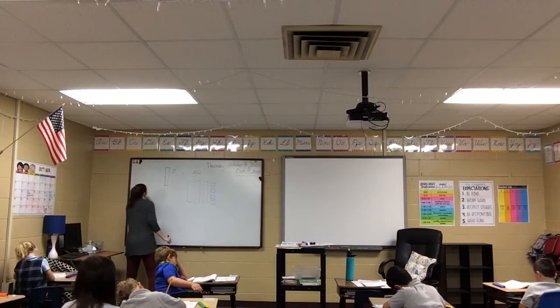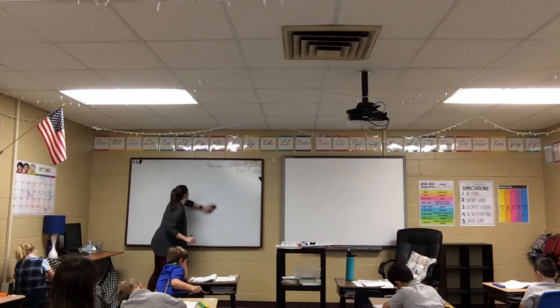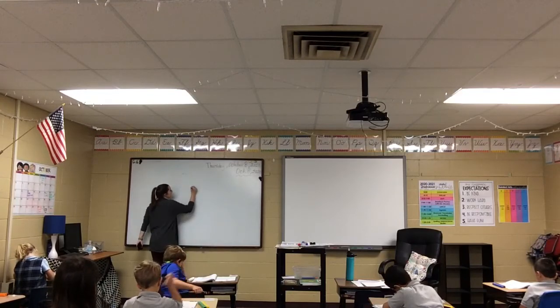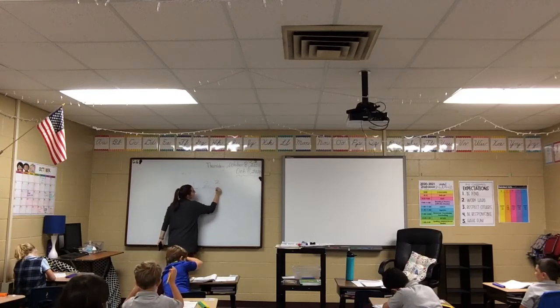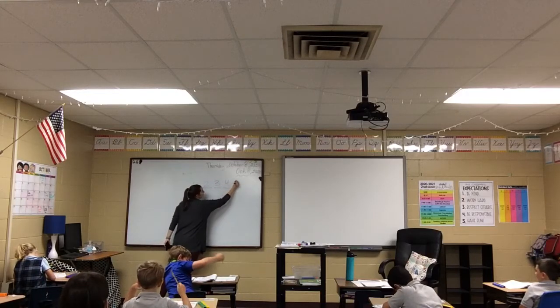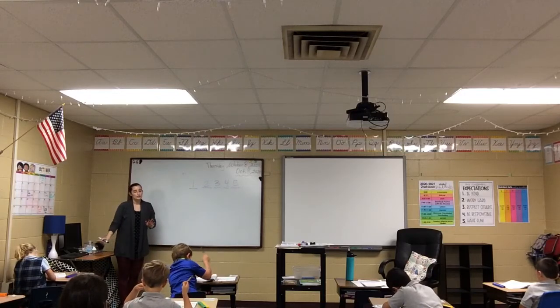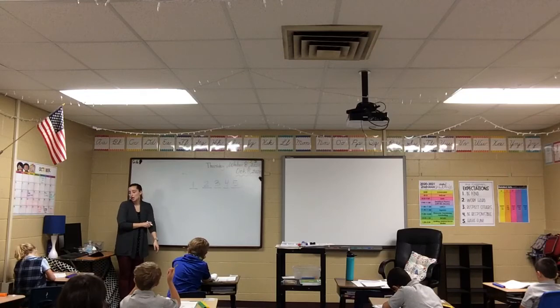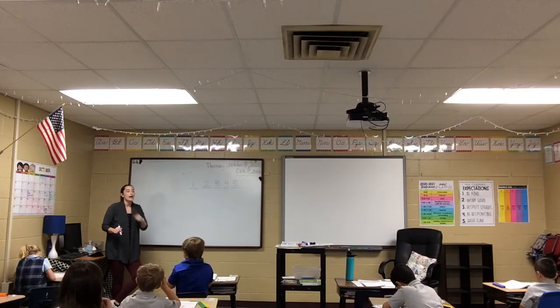Okay? So, box 1, box 2, box 3, box 4, box 5. Okay? Just pay attention down here. So he has 5 boxes. How many pencils are in each box?